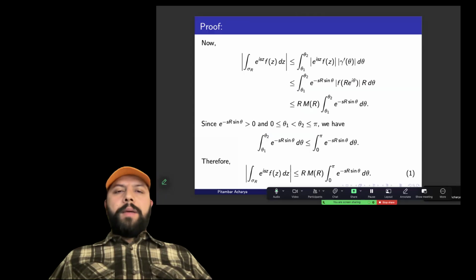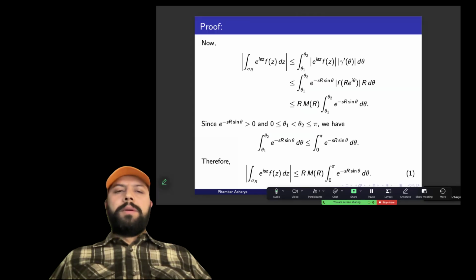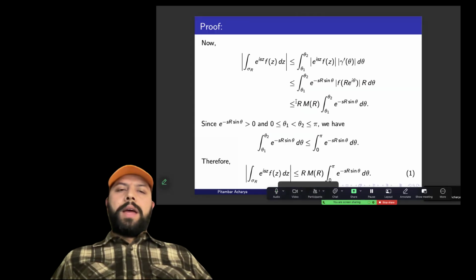Now taking the absolute value of the integral of e to the i s z f(z) dz over the arc sigma sub R, which is less than or equal to, by using the triangle inequality, the integral over sigma R of the absolute value of e to the i s z.